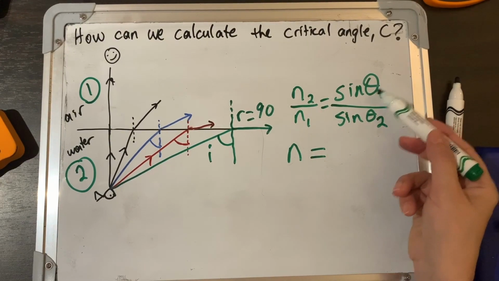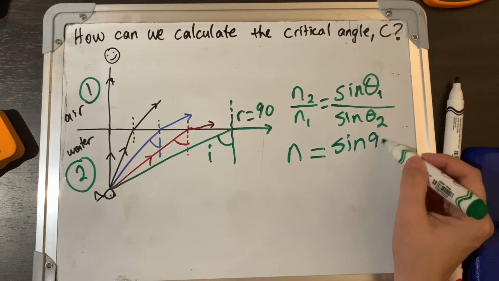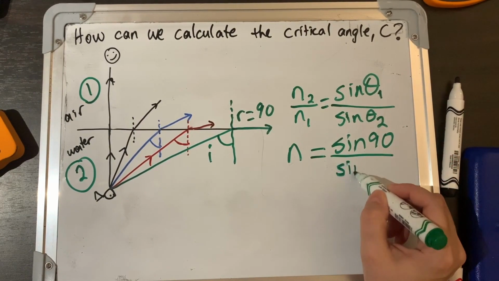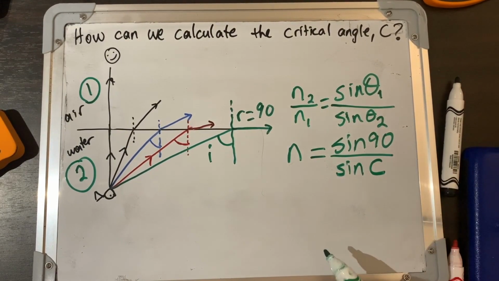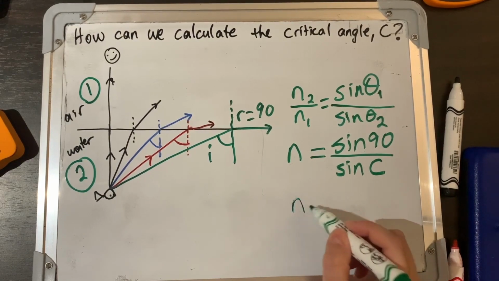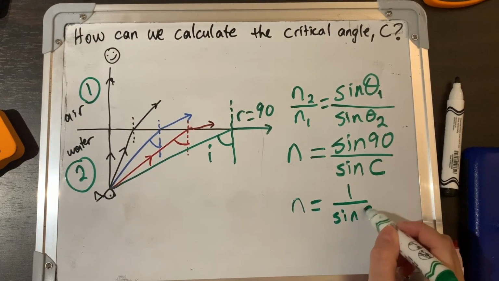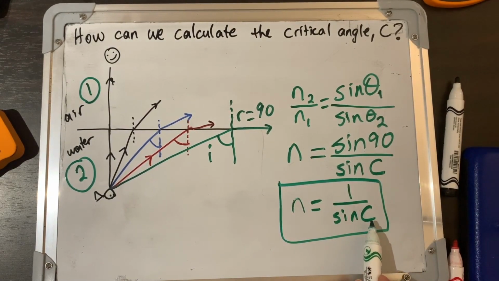The angle in medium 1 is 90 degrees. The angle in medium 2 is the critical angle. We know sine 90 is 1, so I end up with that, which relates the critical angle to the index of refraction of the medium it's trying to get out from.